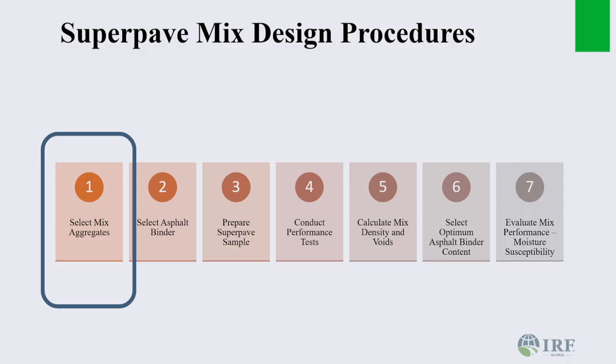But so let's look at the 7 steps in simple. So we select the aggregates. Now we know how to select the aggregates, select the asphalt, prepare a sample. So we are in the lab.